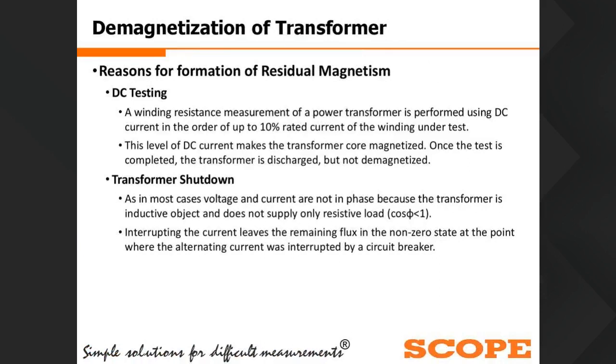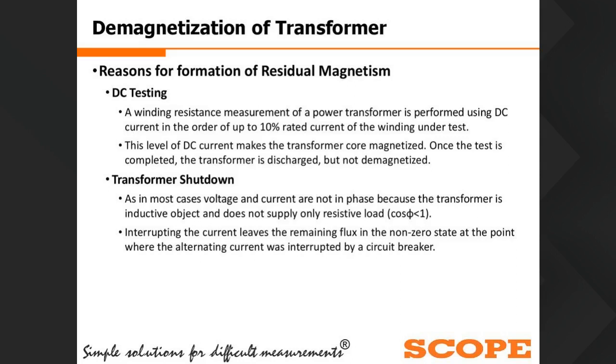Then what are the reasons behind the formation of the residual magnetism? Basically, DC current testing. The main reason behind the formation of the residual magnetism is the transformer winding resistance test, that is the DC current test.